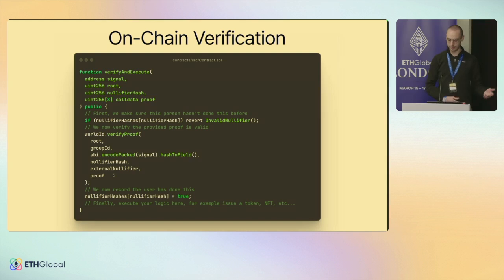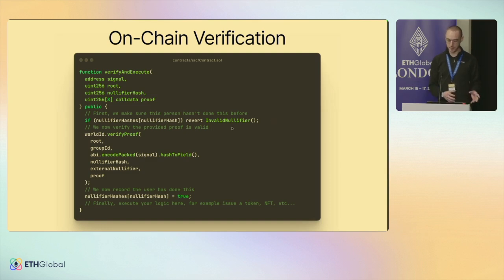And then we'll have a function that can be, in this case, named verify and execute. You can name it whatever you like based on what the user is doing. So this should take in the signal, if you're using one, again, the root of the Merkle tree, the nullifier hash, and that proof that you get from IDKit. So the first thing we'll do is check if we've seen this nullifier hash before, right?